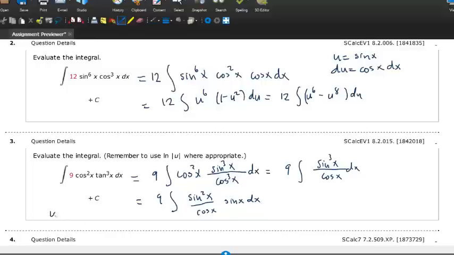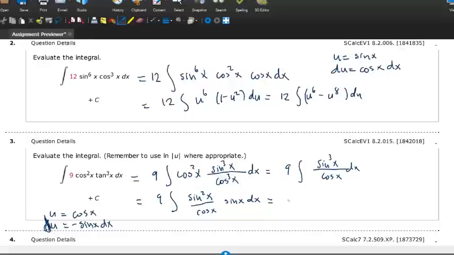As you can imagine, I will choose u equals cosine x this time, so that I can take care of this part here as du. That's the main trick we use. So if I choose u equals cosine x, then du will be negative sine x dx.